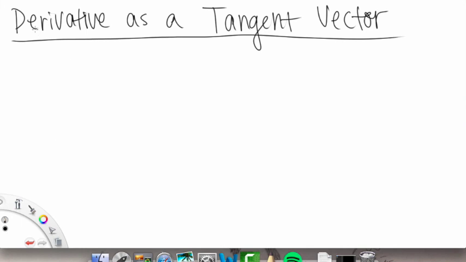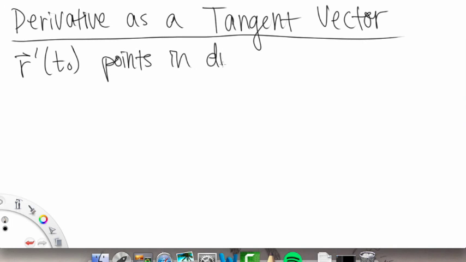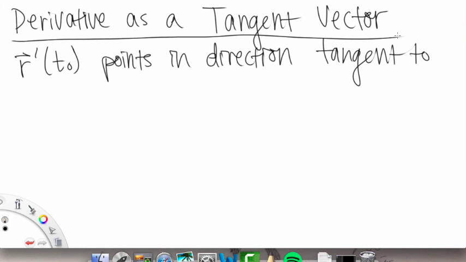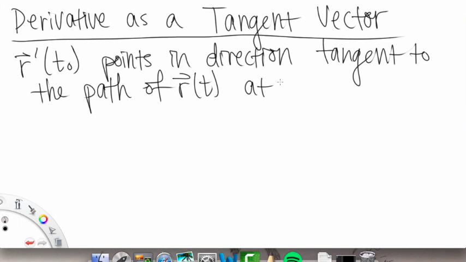So r prime of t naught, the derivative of the vector-valued function at a certain point, points in the direction tangent to the path r of t at t equals t naught, okay?